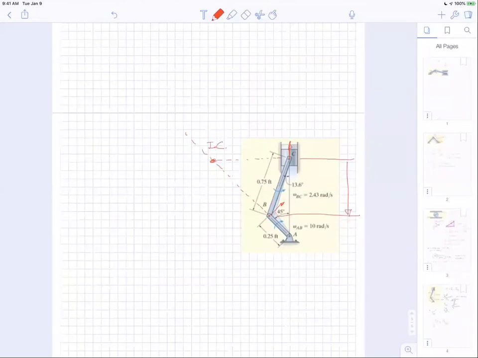So that distance there is 0.75 cos 13.6, and that comes out to 0.384 meters. You need to find this distance here, so it's not going to be super easy.